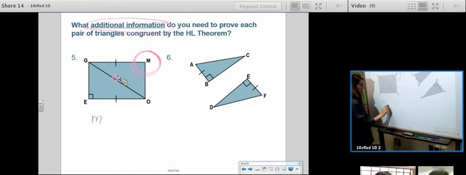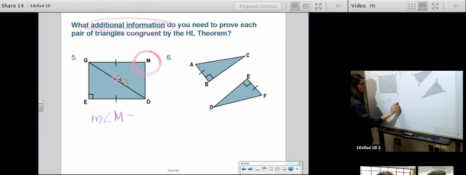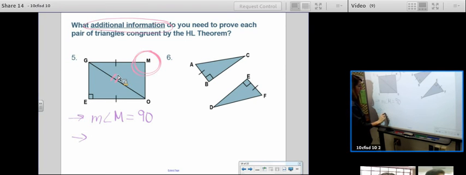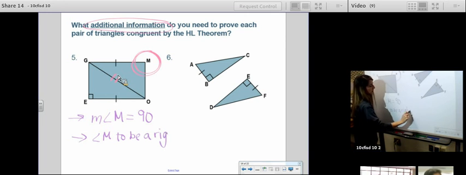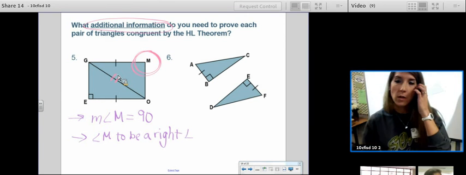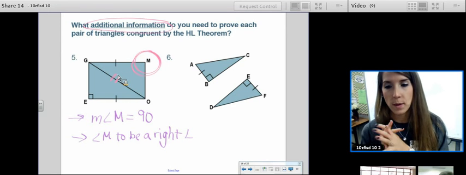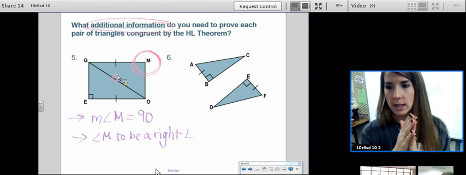The measure of angle M equals 90. We need this. Or you could say we need angle M to be a right angle. So that's 2 different ways to communicate what additional information you need. Okay? Let's look at number 6.